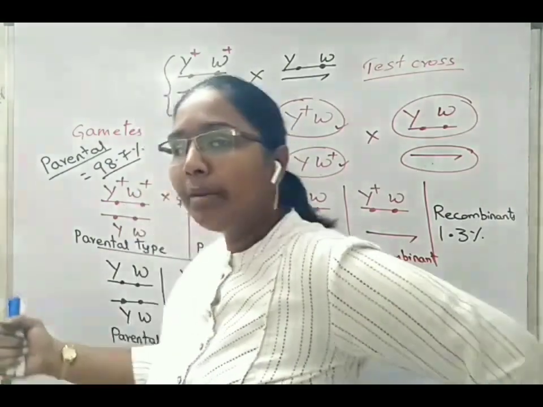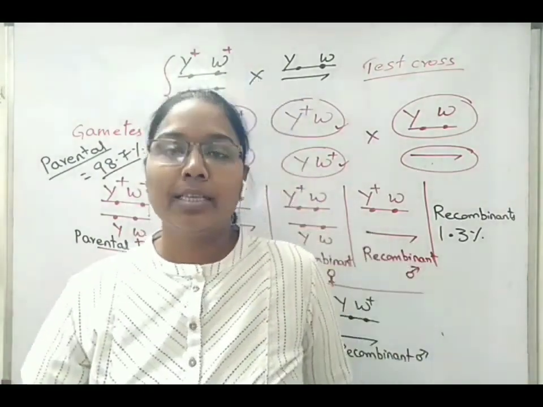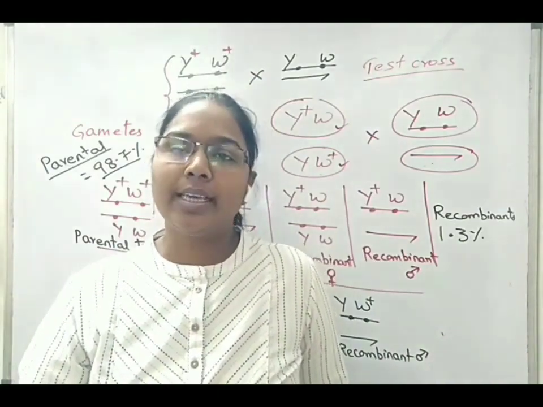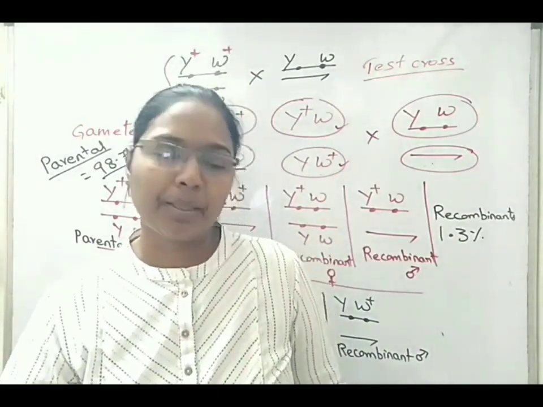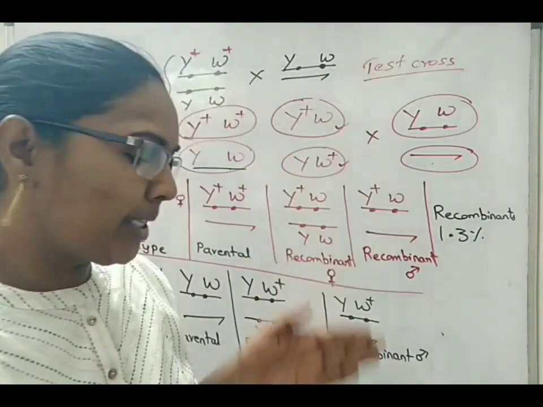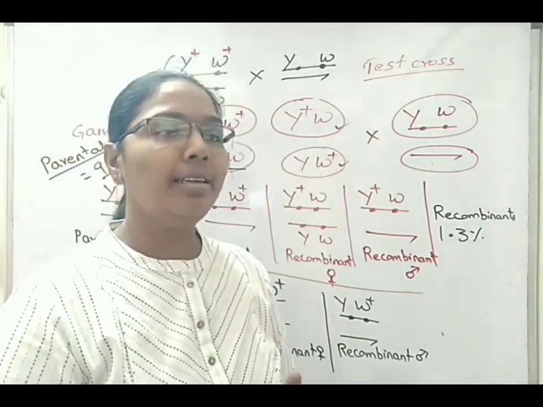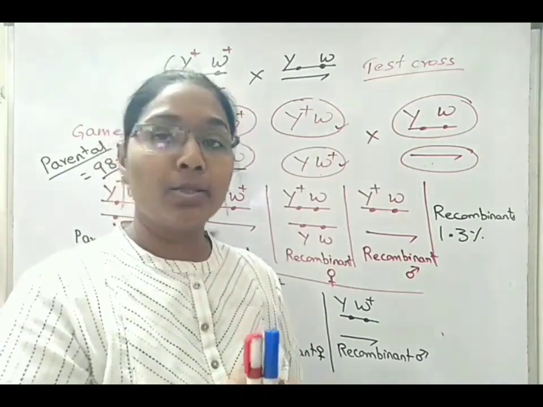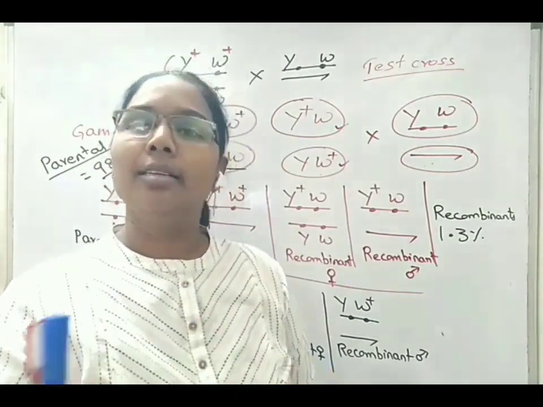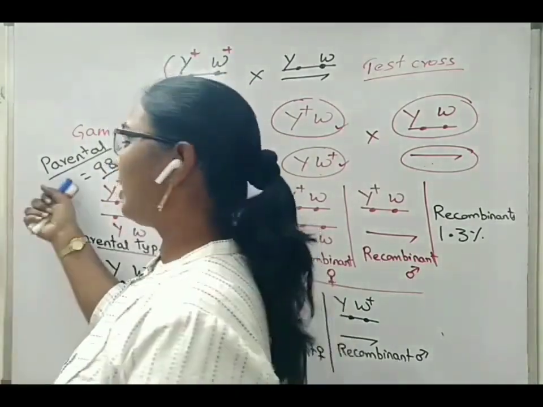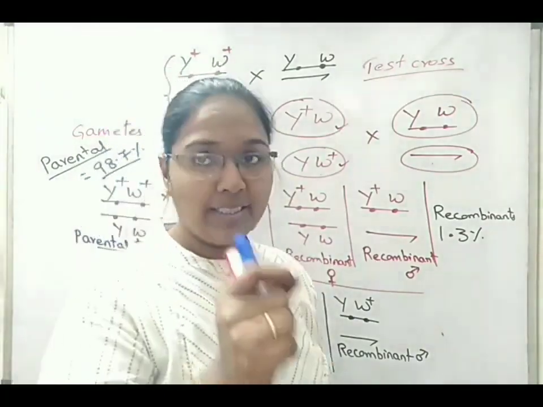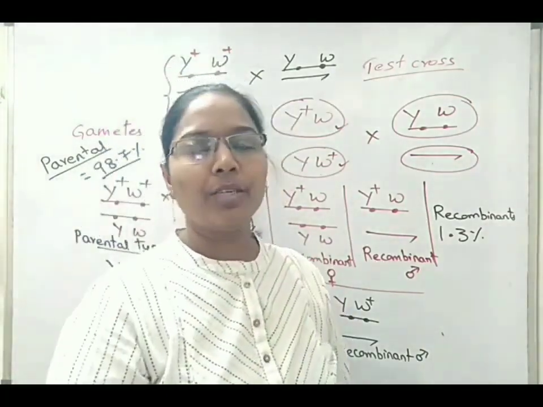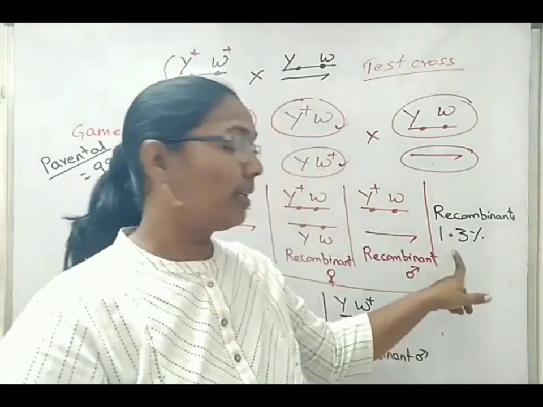When more parental combinations are observed, it means there is more linkage within the genes or alleles present on the same chromosome. The distance between the allele forms is very less, so the parental combinations percentage is more. If the distance is more, then crossing over chances are more, so we'll get more recombinants.